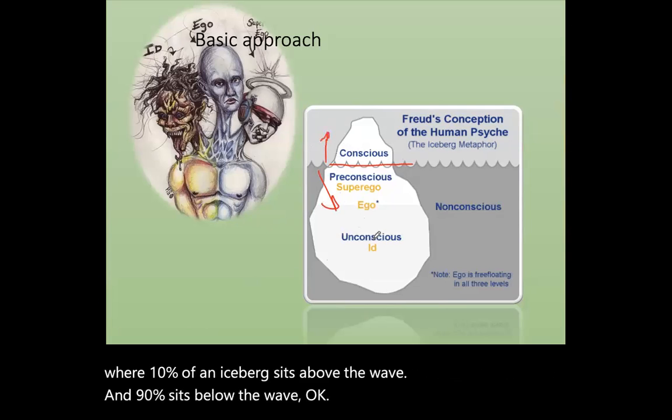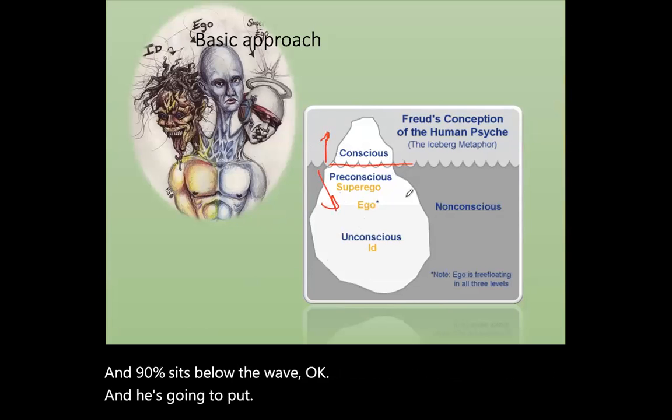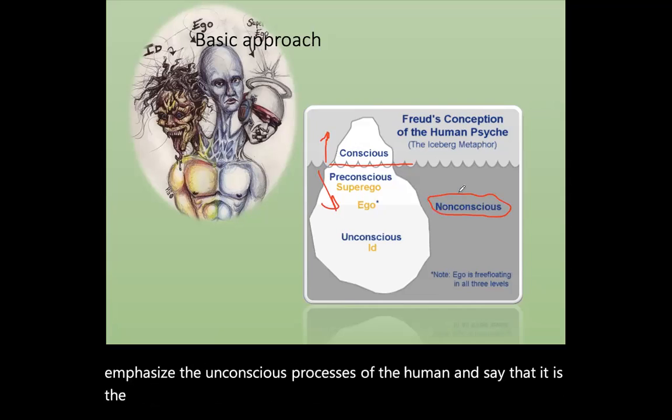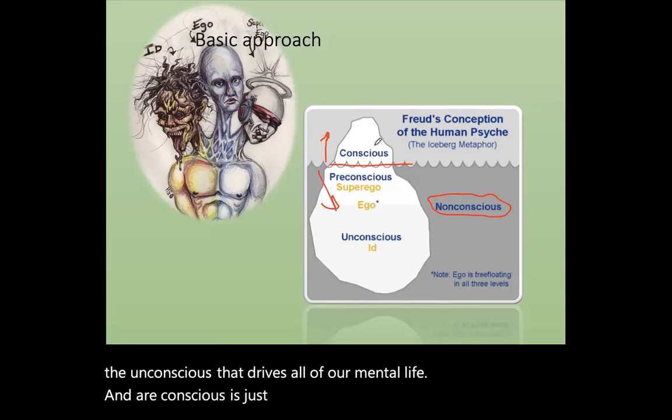And he's going to put the majority of our mental life in the unconscious, and he's going to emphasize the unconscious processes of the human and say that it is the unconscious that drives all of our mental life. And our conscious is just those safe things that we're aware of. Okay.